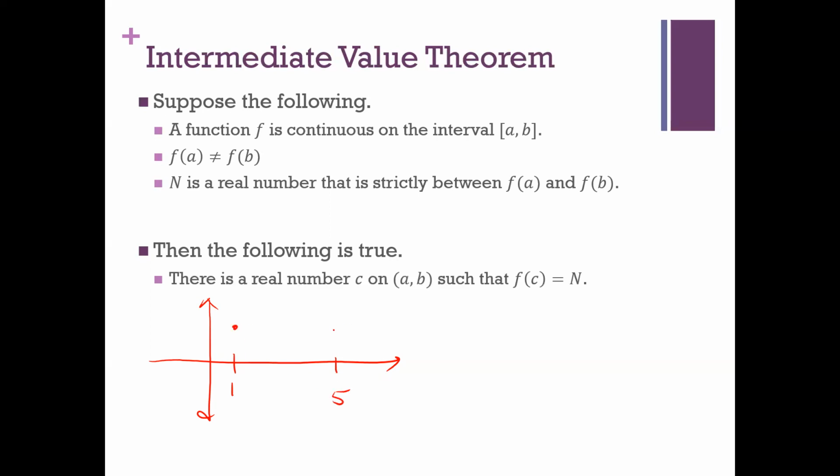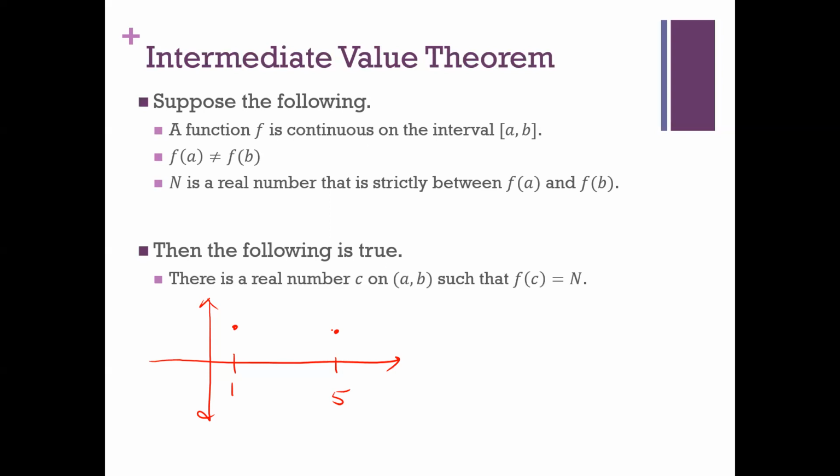Maybe f of 1 is equal to f of 5. In this case, what are the intermediate values between f of 1 and f of 5? There are no values between f of 1 and f of 5. So it's called the intermediate value theorem because it has something to do with all those y values that land in between where the endpoints are. If I don't give you any y values like that, I can't make any use of this. Good question.